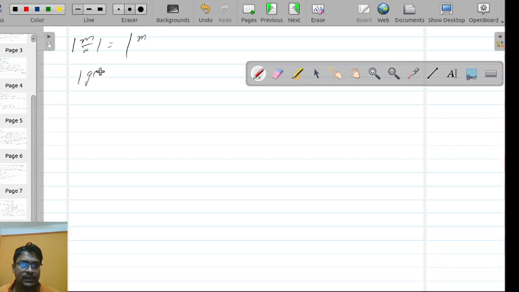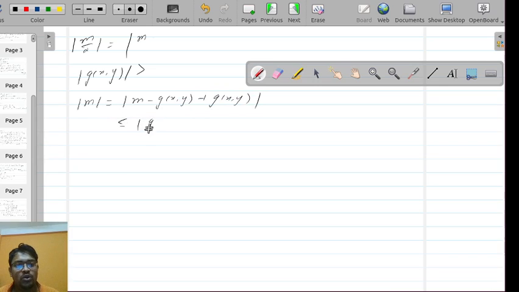I need something like g of xy is strictly greater than something. So for that, what do I have? Mod of m is equal to mod of m minus g of xy plus g of xy, and this is less than or equal to mod of g of xy minus m plus mod of g of xy.